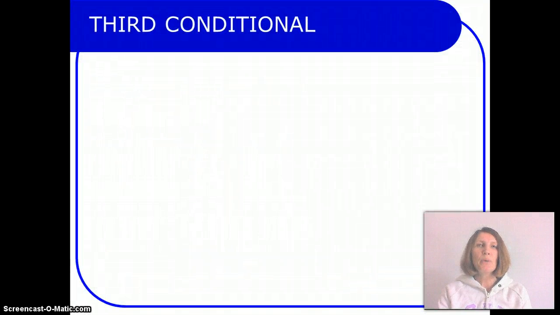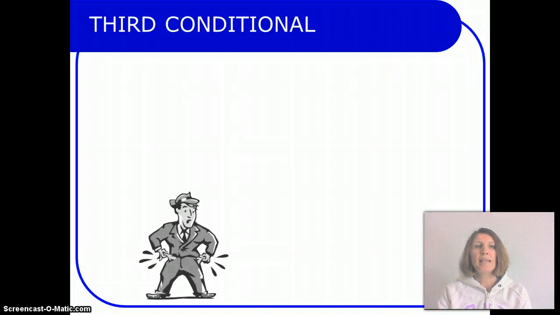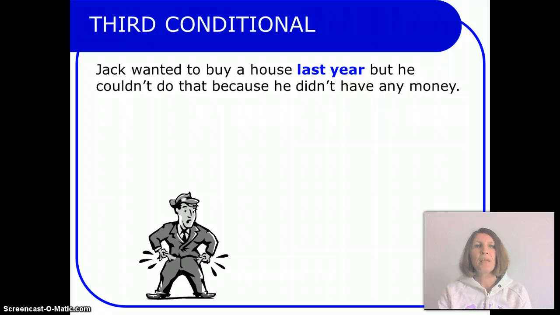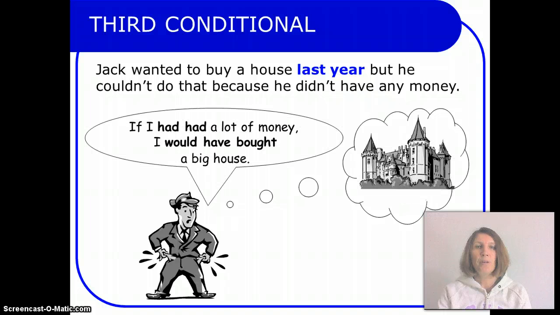Now, I want to tell you about the third conditional. Okay, let's look at this example. Jack wanted to buy a house last year, but he couldn't do that because he didn't have any money. So, if I had had a lot of money, I would have bought a big house.